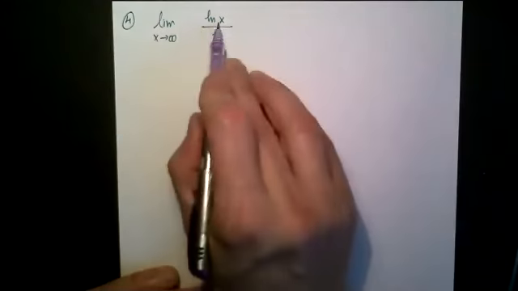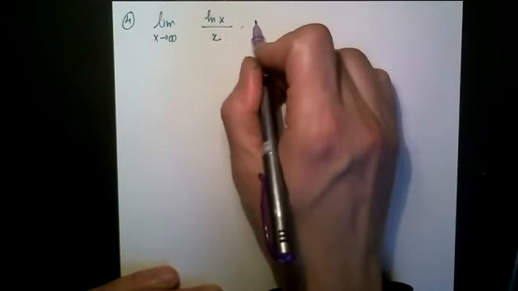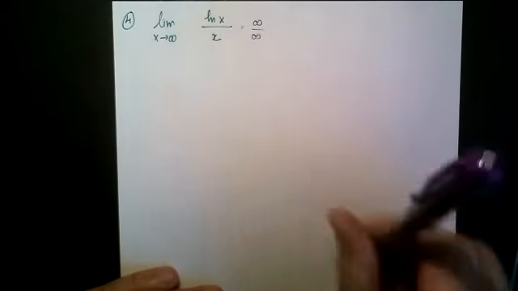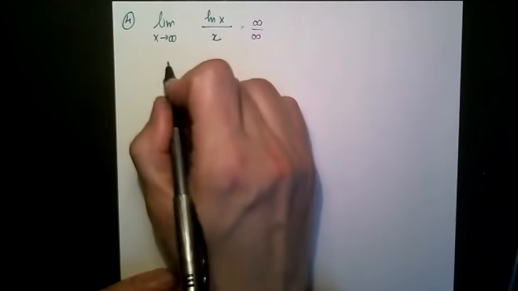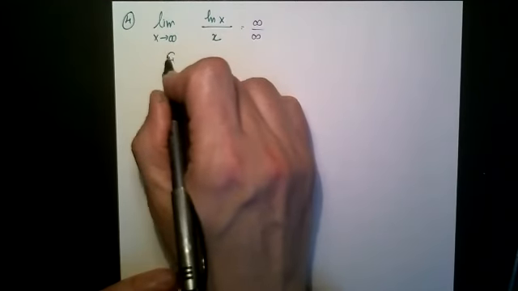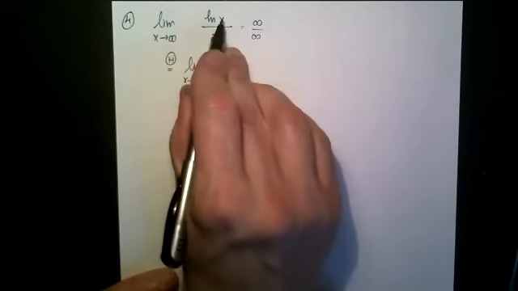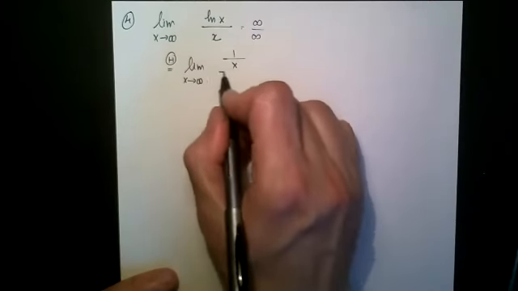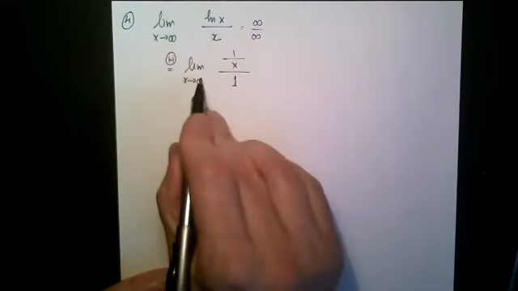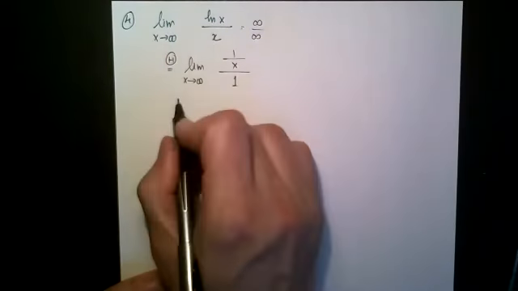So I replace infinity here. Ln of infinity is infinity, so it's infinity over infinity. I could use L'Hopital's rule right away. Limit as x approaches infinity, the derivative of ln x is 1 over x divided by the derivative of x, which is 1. So 1 over infinity is 0. That's it. It's as easy as that.